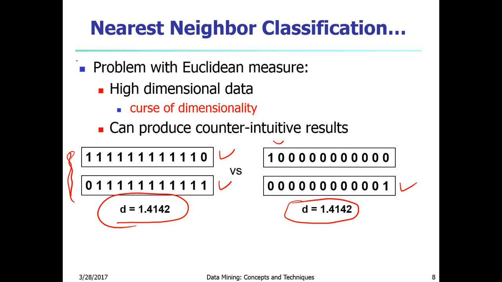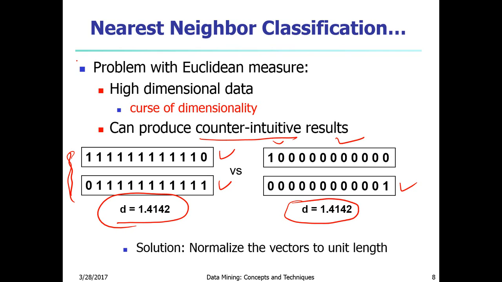Whereas here you would conclude that the data point would be 0, because the majority vote is 0. So the distance is the same in both pairs, but the answer comes out different. The answer could become counterintuitive sometimes, so using Euclidean distance could be a problem in many areas.